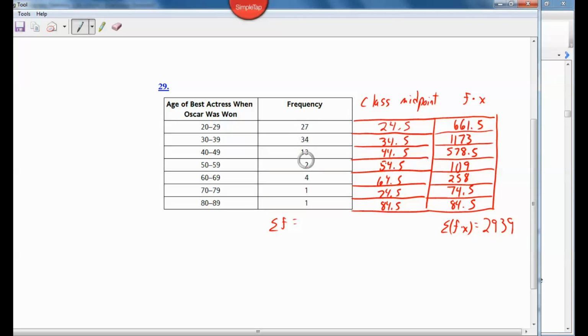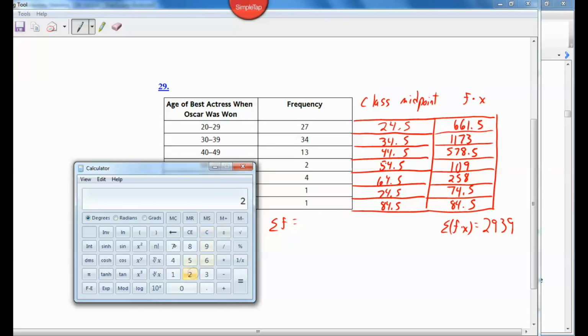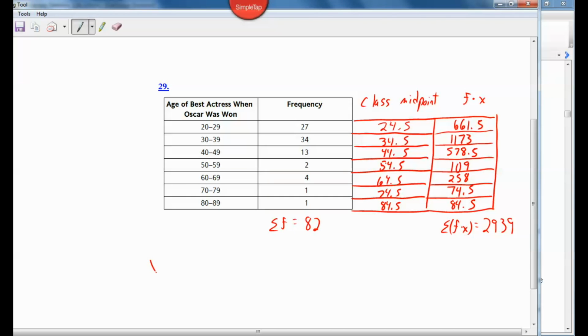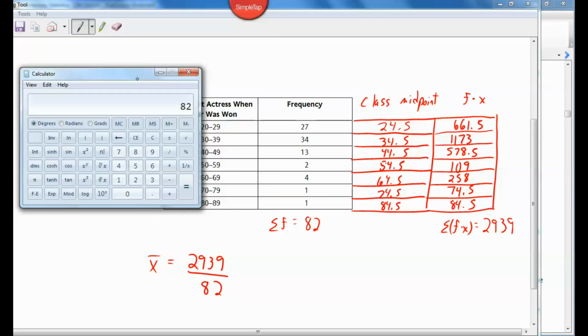Now sum up all the frequencies. 27 plus 34 plus 13 plus 2 plus 4 plus 1 plus 1. It's 82. So the mean of this frequency distribution is 2939 divided by 82. Alright, I'm going to round to 1 decimal, 35.8. So it's about 35.8.